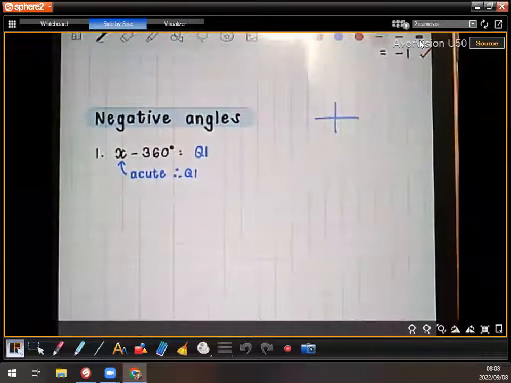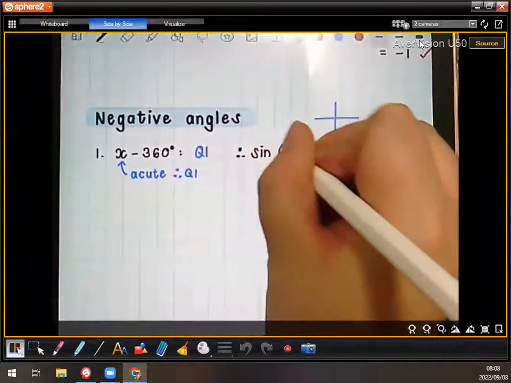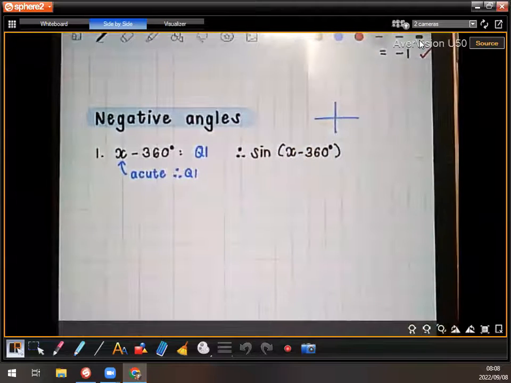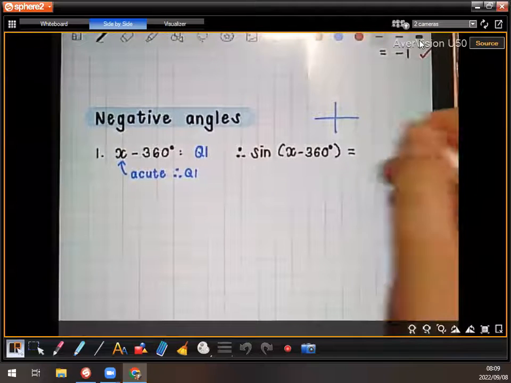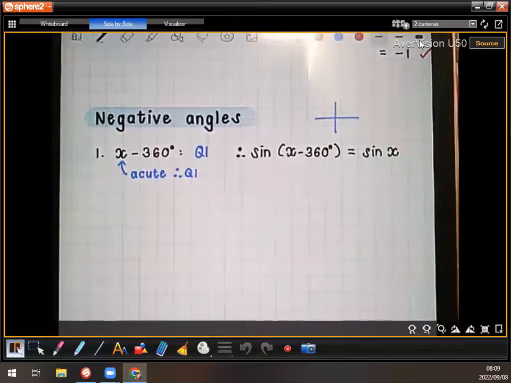So guys, if they are asking you for sin of x minus 360, then we are going to change that. In quadrant 1, what is sine in the first quadrant? Positive, so we're going to change it to positive sin x. It doesn't matter that the x is now written first in the bracket. So you always take that into account when you are reducing.